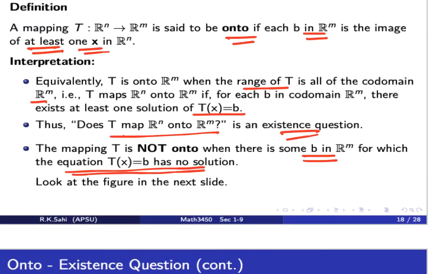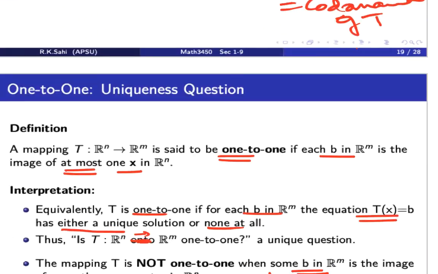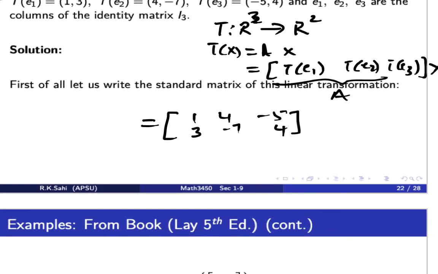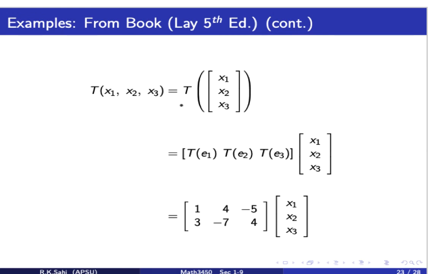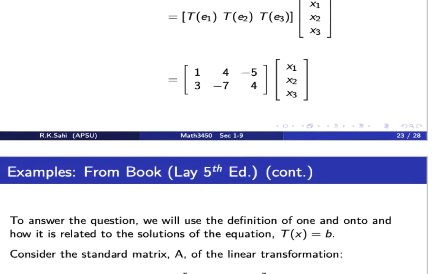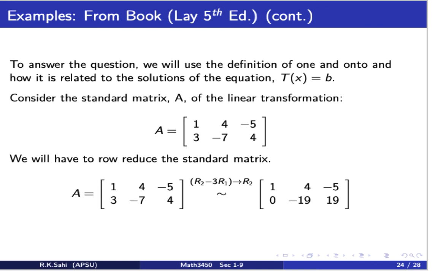Onto means that there has to be at least one solution, that is, Tx equals b, if you're looking in terms of our matrix transformations. So we have written down the standard matrix. That's the way the formula goes. I've gone step by step for you guys. Now let's go back to the main question being asked.